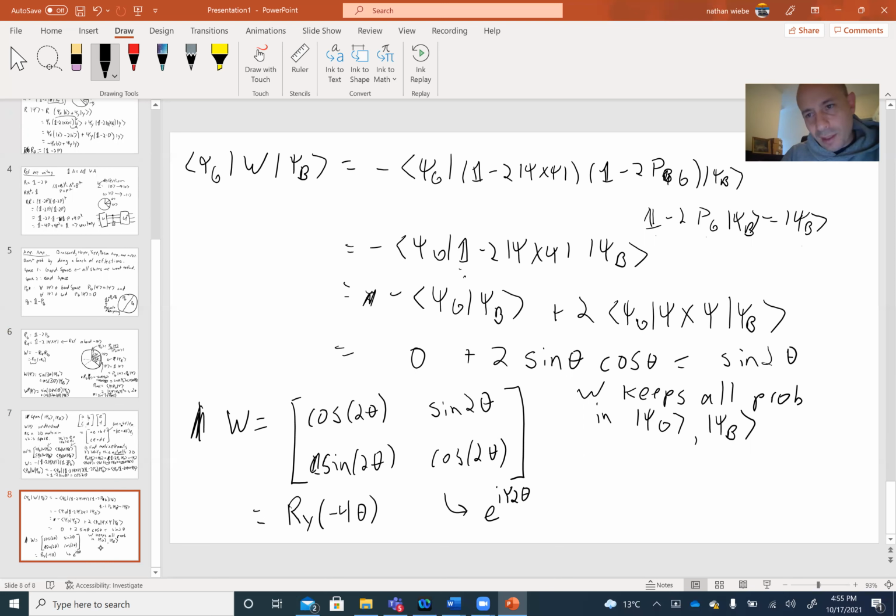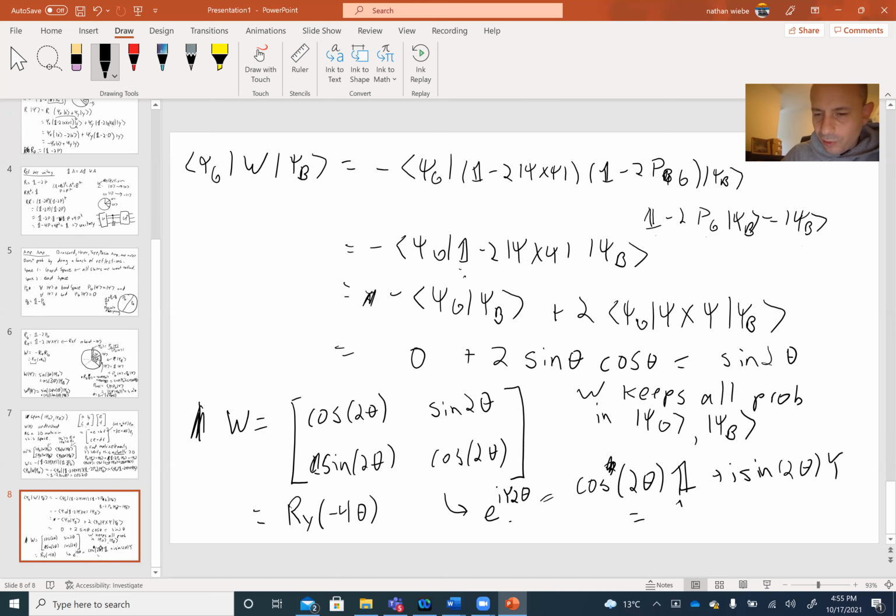Doing the exact same trick that we did before, Taylor series expanding this and collecting the odd and the even terms, we end up finding that this is cosine 2 theta identity plus i sine 2 theta y.